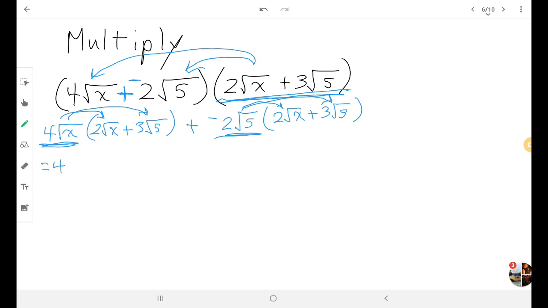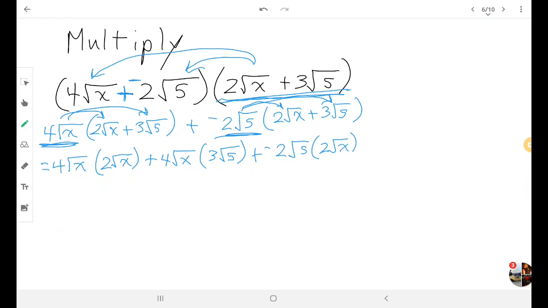4 times the square root of x times 2 times the square root of x plus 4 times the square root of x times 3 times the square root of 5 plus negative 2 times the square root of 5 times 2 times the square root of x plus negative 2 times the square root of 5 times 3 times the square root of 5.